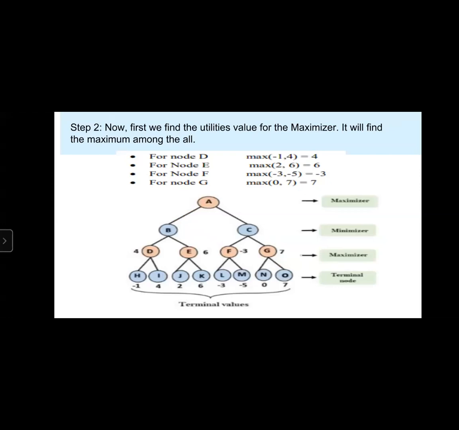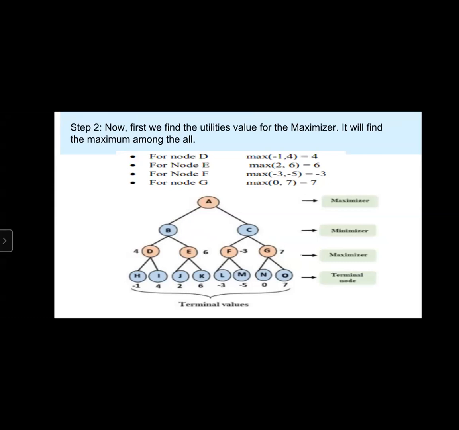And step 2. Now, first we find the utility values for the maximizer. It will find the maximum among all. For example, see the diagram.